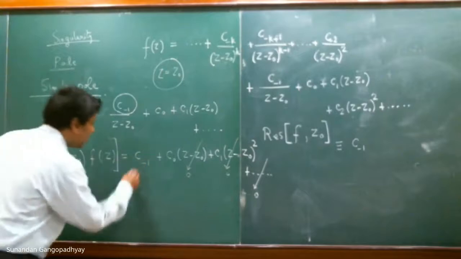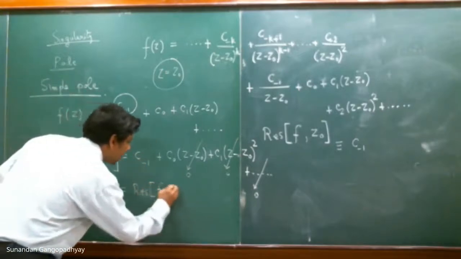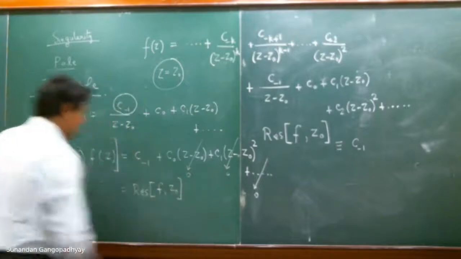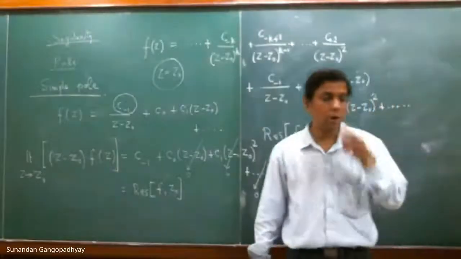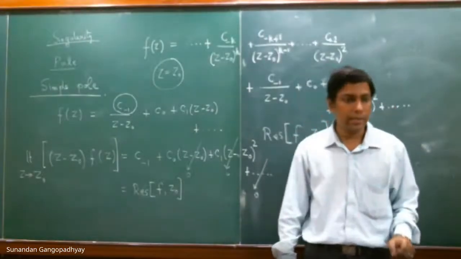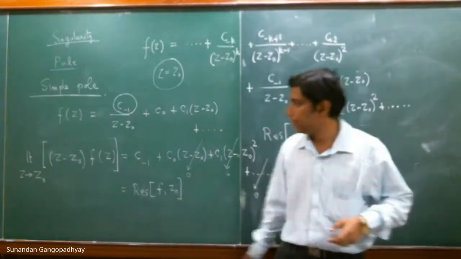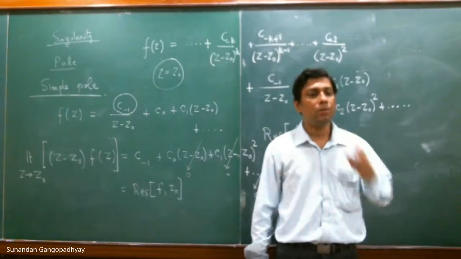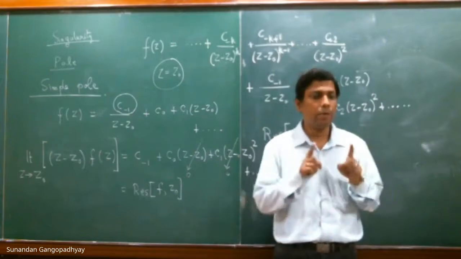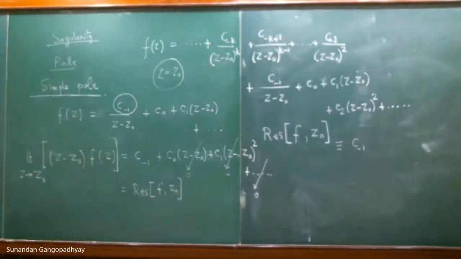And what is c minus 1? c minus 1 is nothing but the residue of the function at z naught, by definition. Therefore, if the function has a simple pole at z equal to z naught, then the residue of the function at z naught is given by this formula: the limit z tending to z naught of z minus z naught multiplied by f of z. So this is a very important expression in order to evaluate the residues of functions.